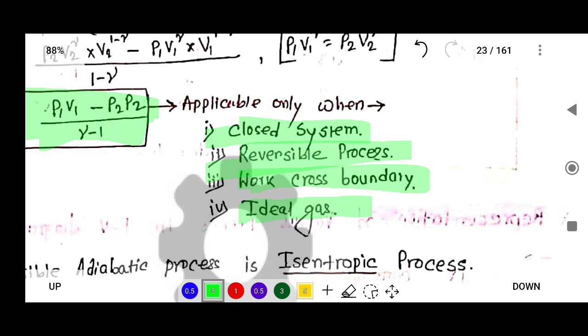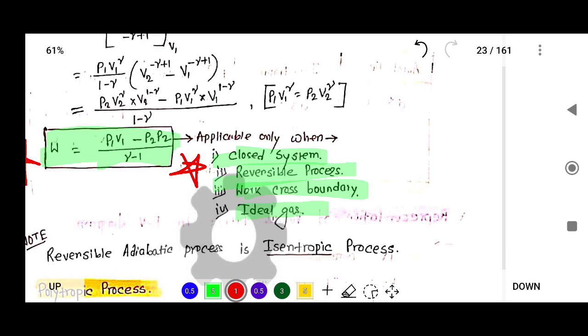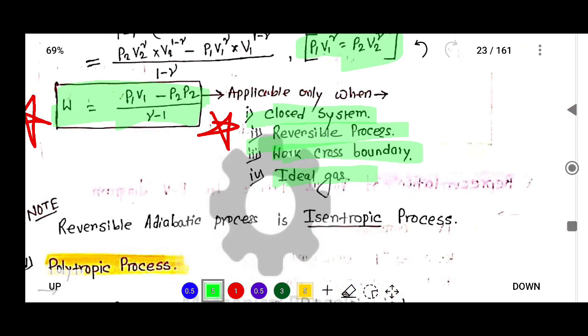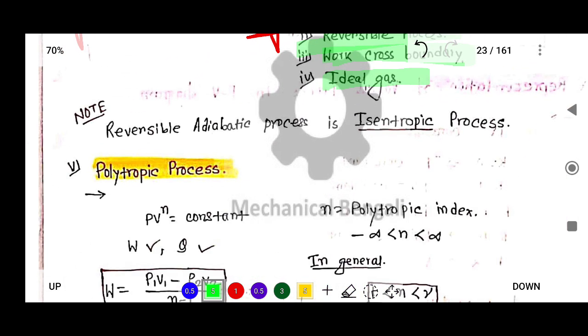If these four conditions are there, then this equation will be applicable. Now PV to the power gamma equal to constant, so from here P1 V1 to the power gamma is equal to P2 V2 to the power gamma. One thing you have to remember, later we have to prove this concept.